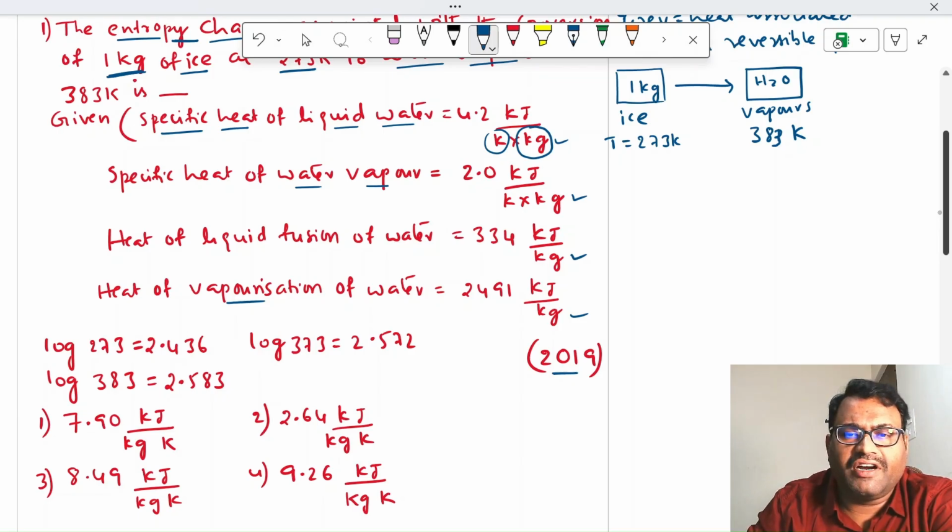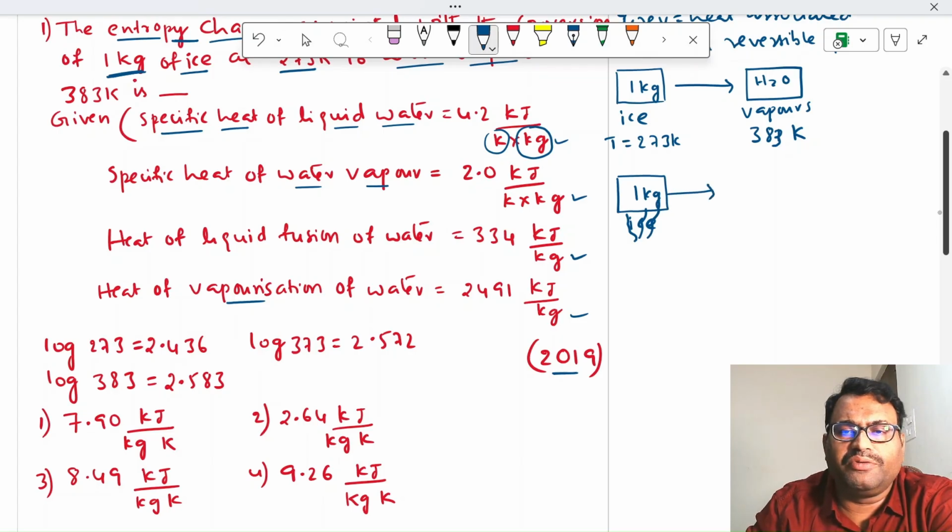First, what happens when you heat 1 kg of ice? It is present at 273 Kelvin, that is 0 degree centigrade.